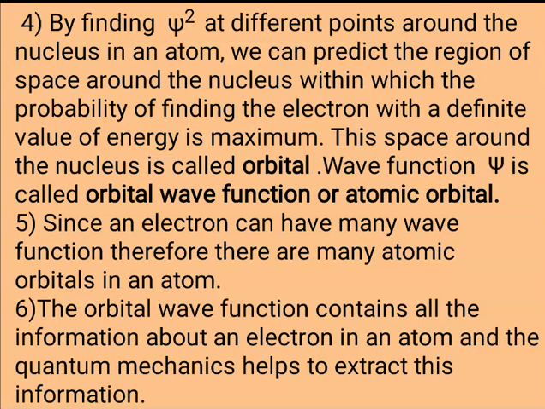So wave function psi is called orbital wave function or simply atomic orbital. Number 5, since an electron can have many wave functions, therefore there are many atomic orbitals in an atom. Number 6, the orbital wave function contains all the information about an electron in an atom, and the quantum mechanics helps to extract this information.